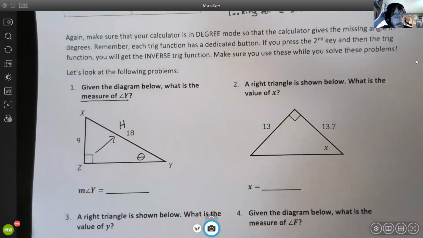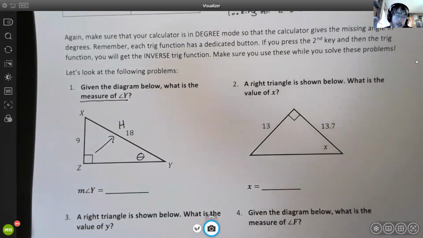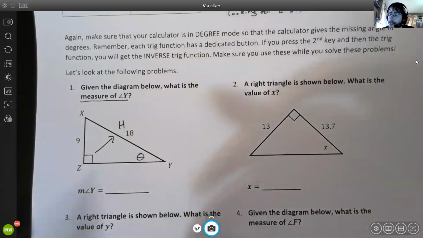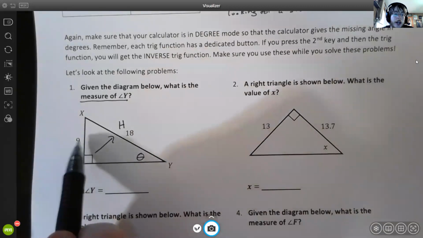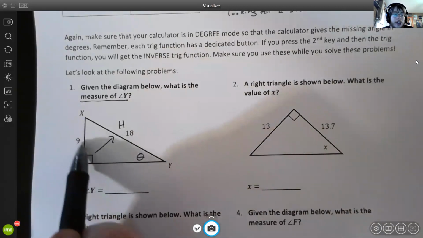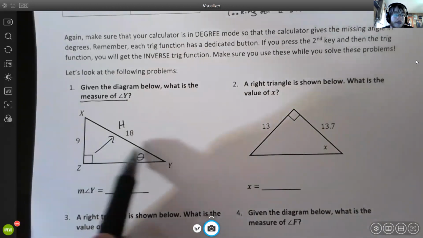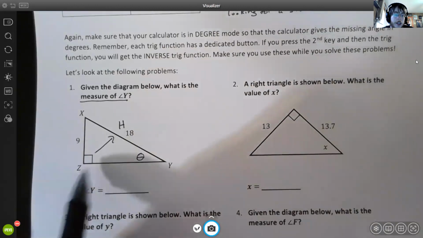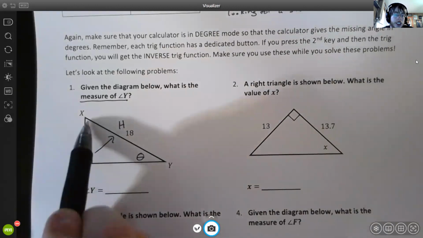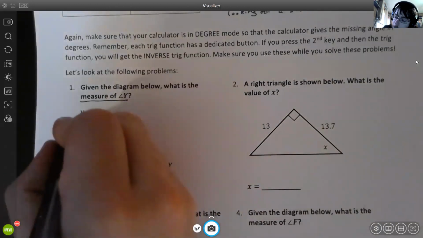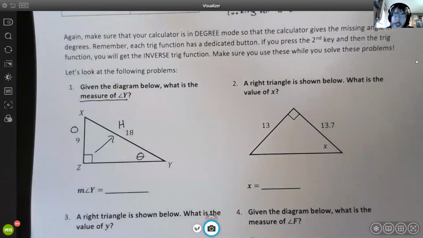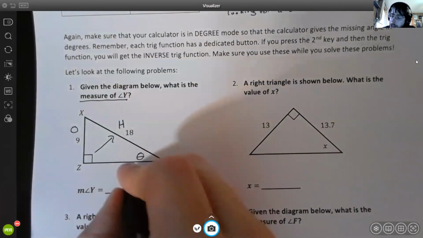So 18 is your H value. And then if we look at 9 here, is that our opposite or adjacent value? Well, 9 here does not touch theta. So that means that 9 has to be opposite from theta, and that leaves ZY to be our adjacent.